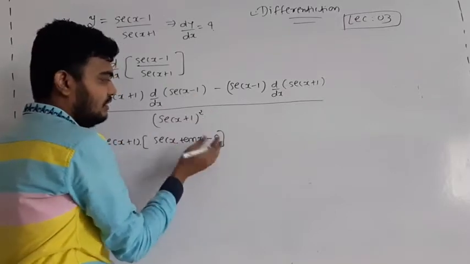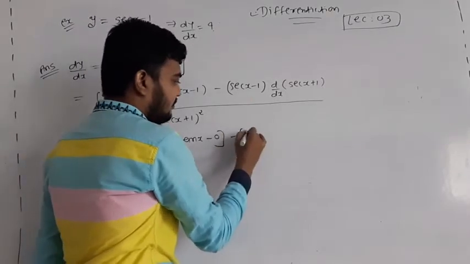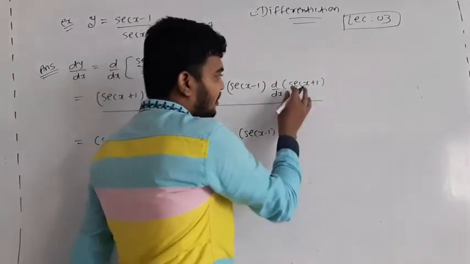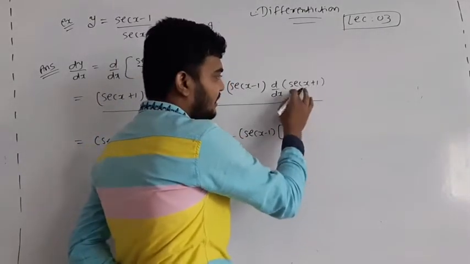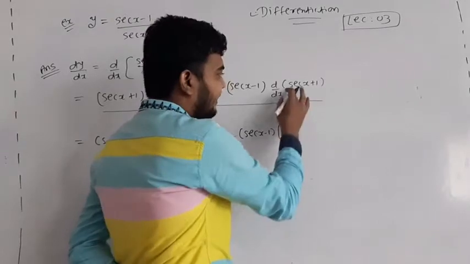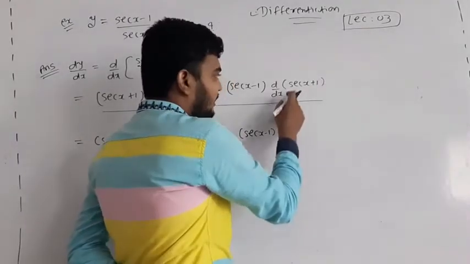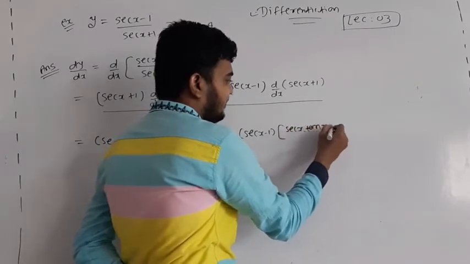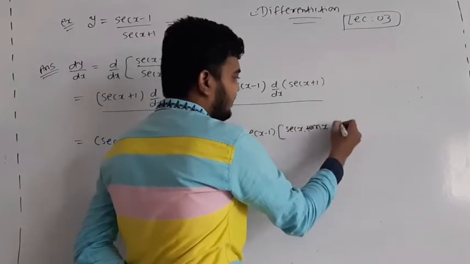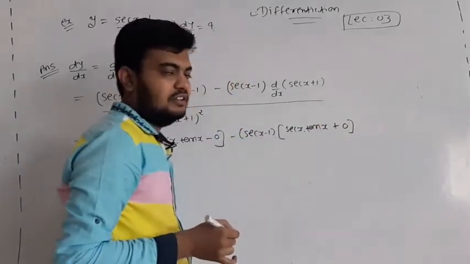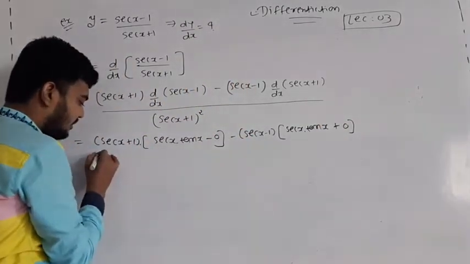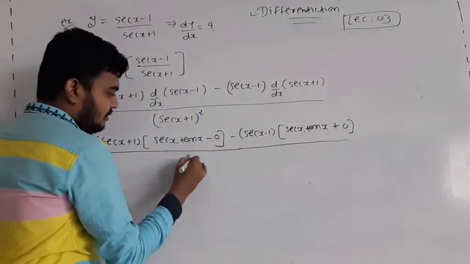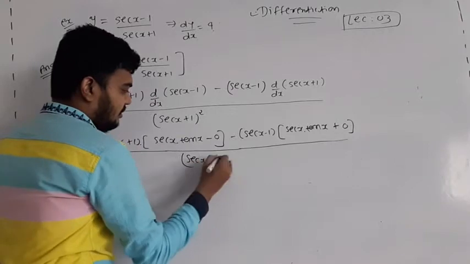So d by dx of 1 is 0, minus sec x minus 1 into, here also there is a plus sign between two functions, so we take differentiation separately. d by dx of sec x is sec x into tan x, plus d by dx of 1 is 0 because 1 is a constant, and this whole thing is divided by sec x plus 1 the whole square.